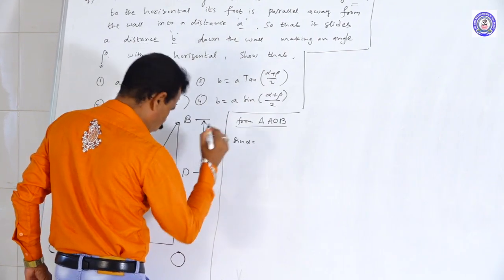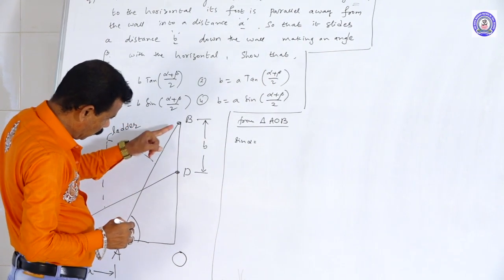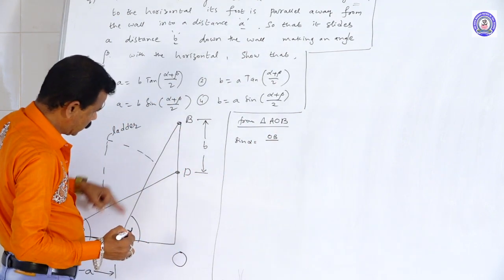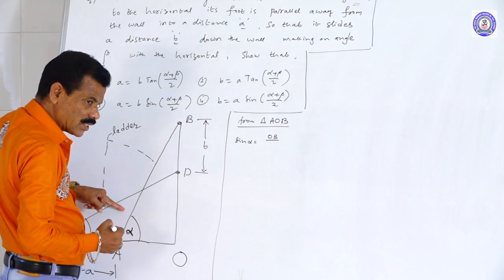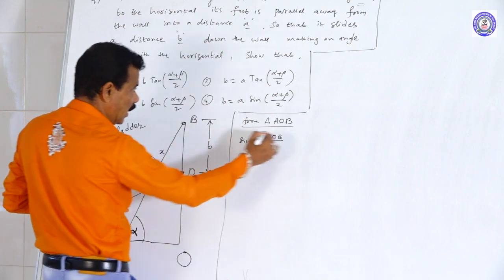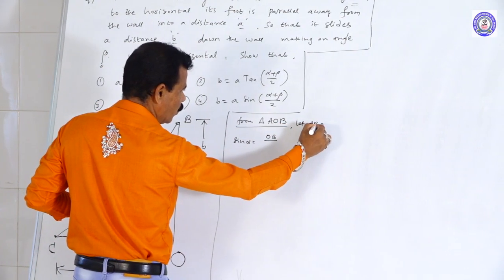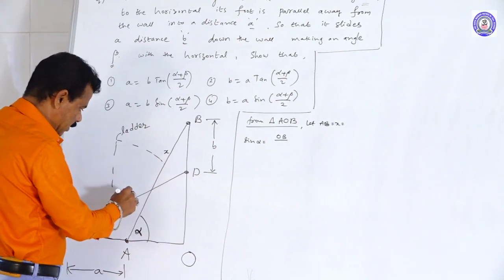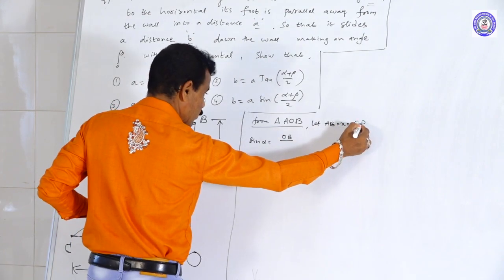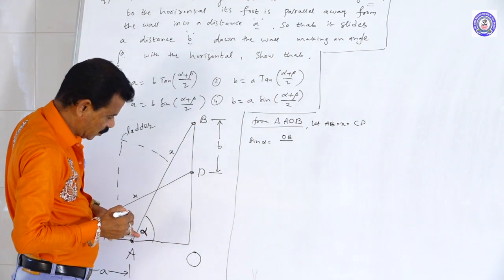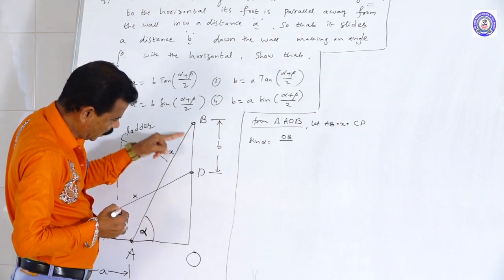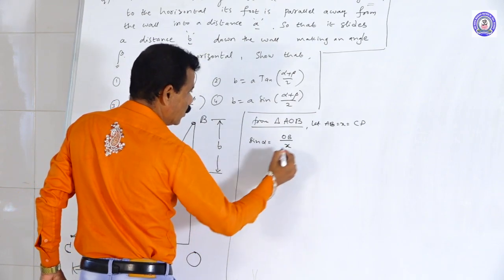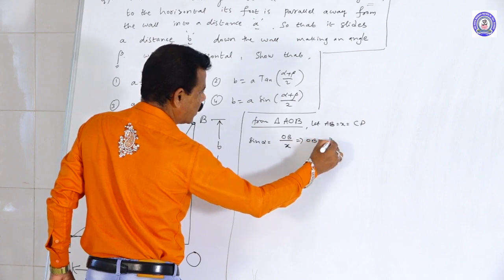From the triangle AOB, sin alpha is equal to opposite OB by hypotenuse AB. Let AB be equal to X. Then the ladder lengths AB and CD are the same, so CD is also X. Sin alpha is equal to OB by the hypotenuse X, so OB is equal to X sin alpha.